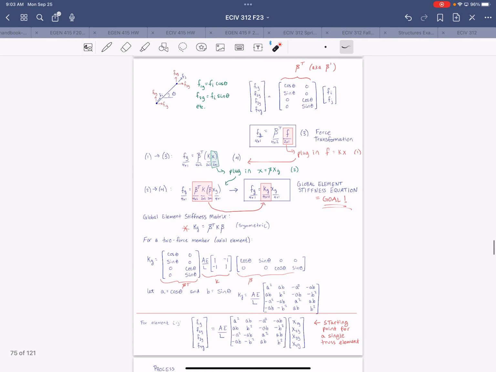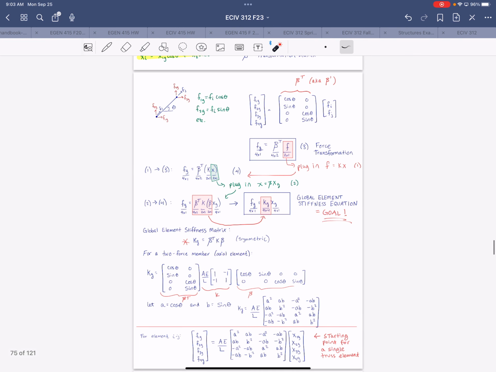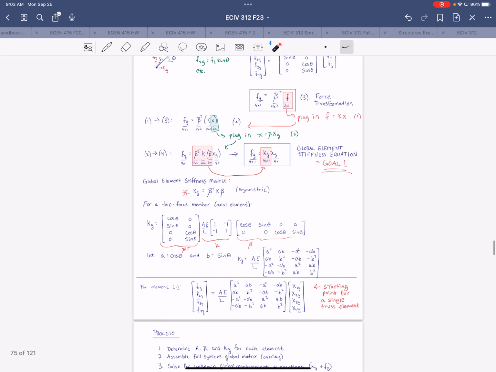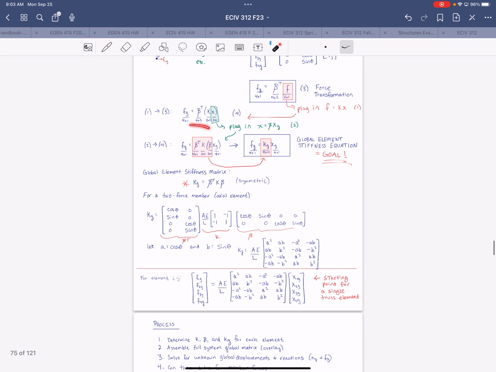That's what we went through last time, and we landed on this equation here. This is our global element stiffness equation, which relates global forces to global displacements. That just means it's the components in the global X and global Y direction of the axial force and axial displacement.